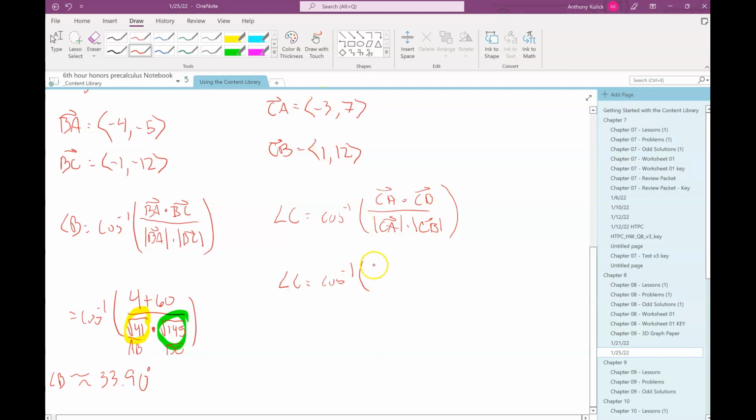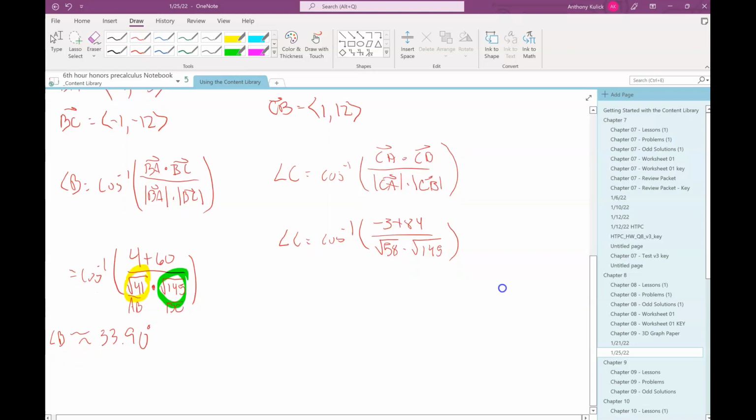So -3 times 1 is -3, plus 7 times 12 is 84. 3 squared plus 7 squared is 58, and 1 squared plus 12 squared is still 145.